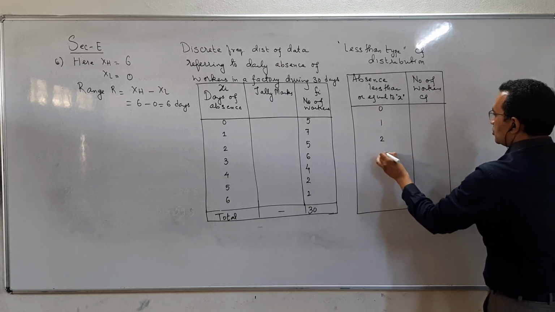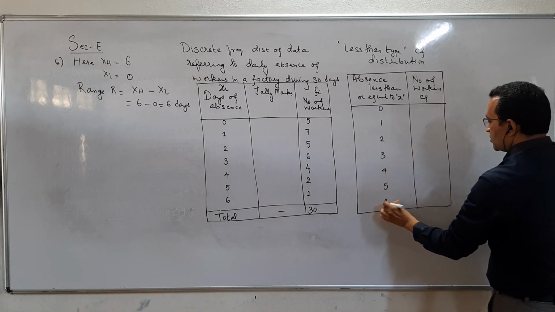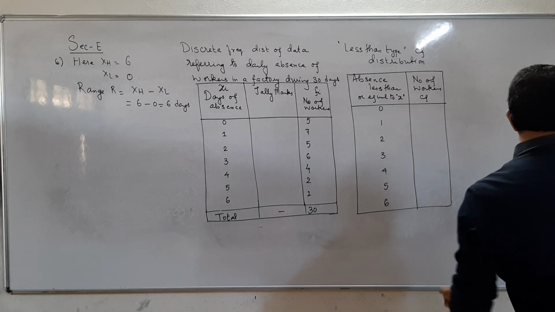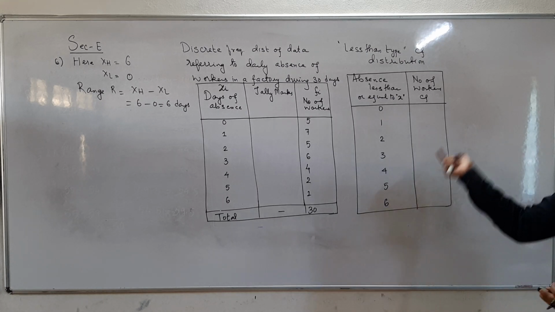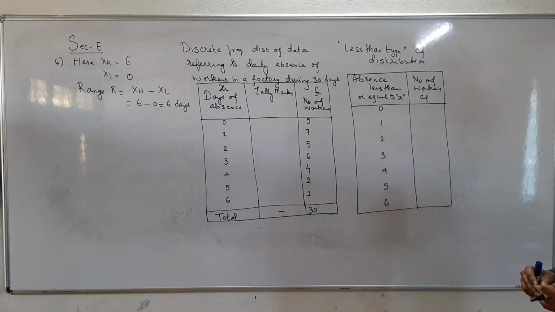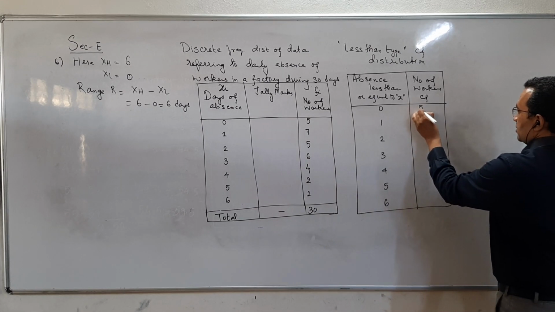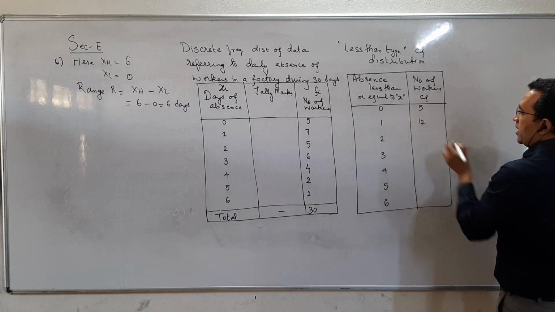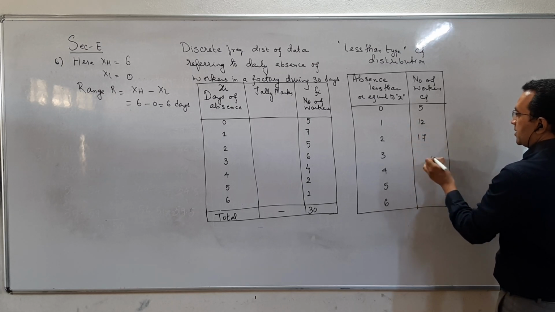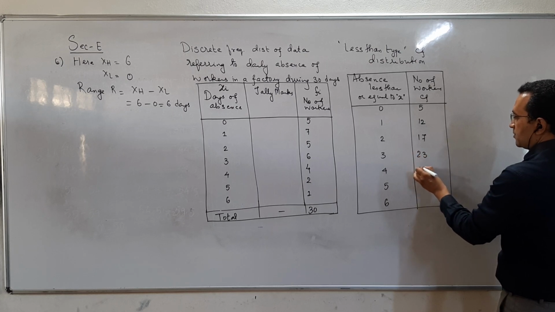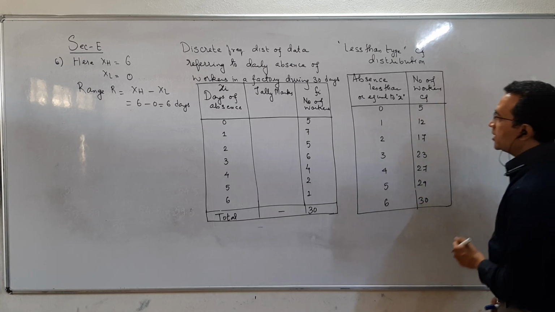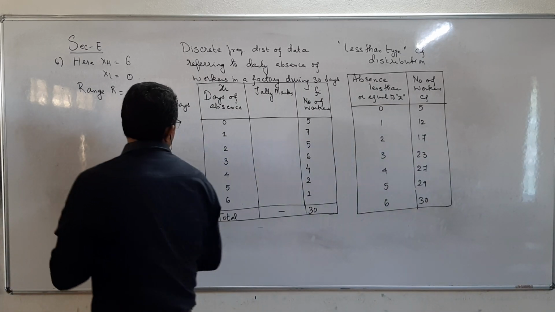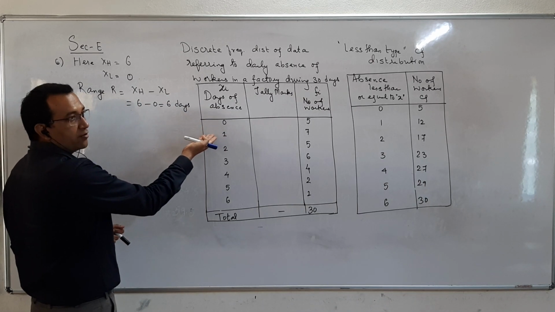0, 1, 2, 3, 4, 5, 6. Students, less than or equal to x, means less than or equal to 0, we have 5. Then 5 plus 7, 12; 12 plus 5, 17; 17 plus 6, 23; plus 4, 27; plus 2, 29; plus 1, 30. Here, all of you know, we don't start with the value before because that we don't have.